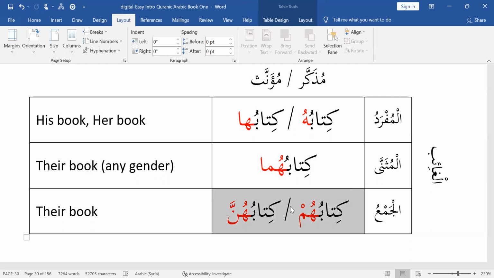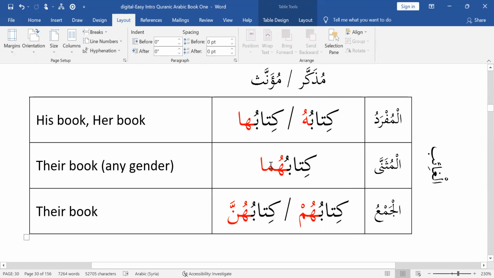And if I have a mixed crowd, boys and girls, 3 or more, which one do I go with? Yes, I go with kitabuhum. Why? Because hunna is exclusively reserved for the feminine. So it cannot be shared, whereas the boys' pronoun can be shared.